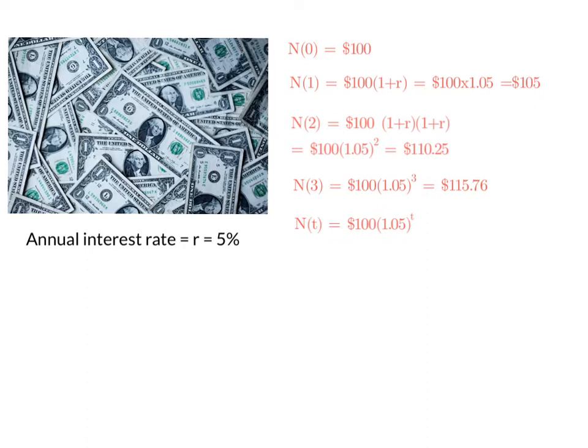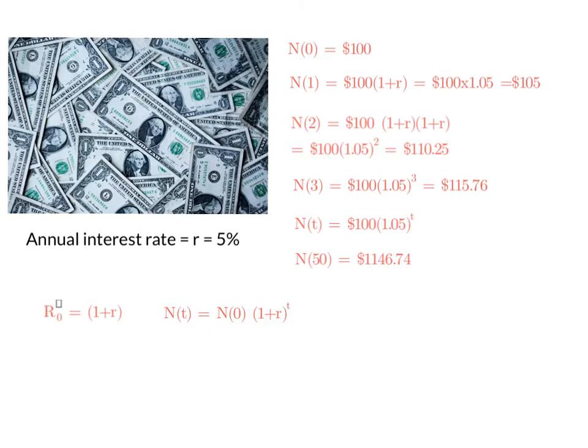Or we can generalise this and just say that after T years of investing, you will end up with your original principal of $100 times 1.05 to the power of T dollars. So for example, after 50 years, you would end up with 100 times 1.05 to the power of 50, or around $1,146.74 for your initial $100 investment.